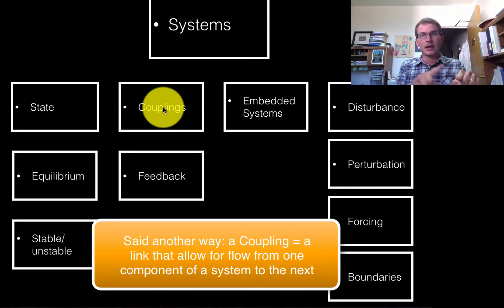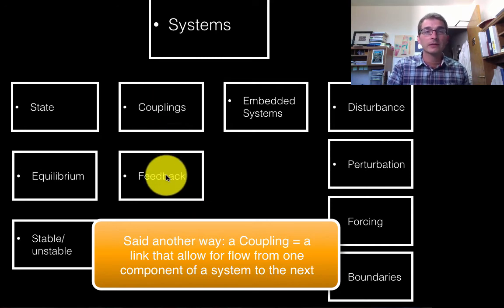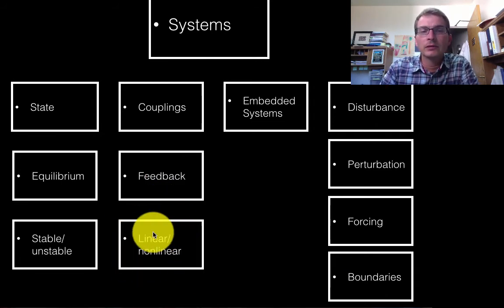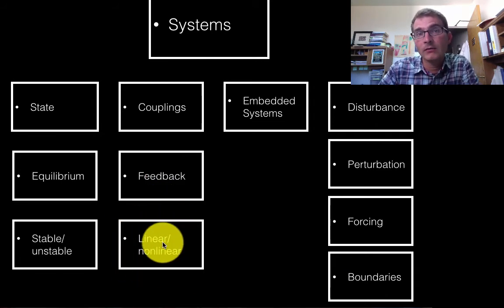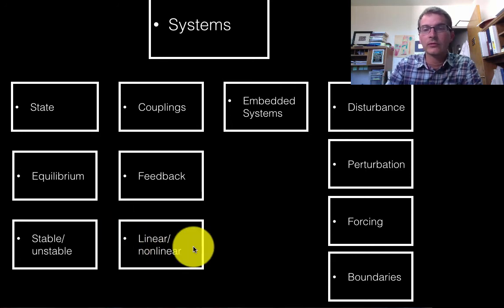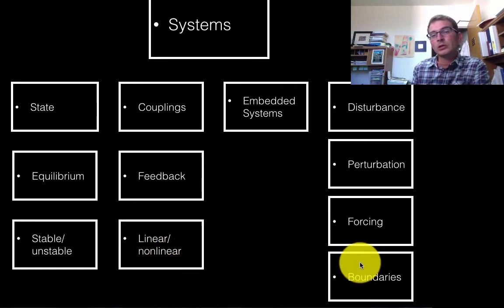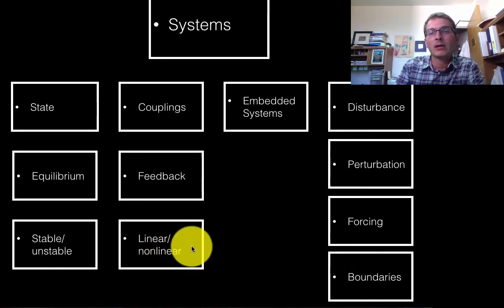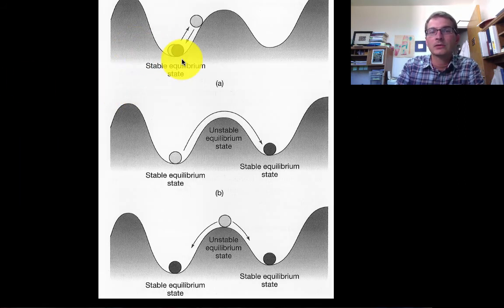Coupled parts of a system have an effect on each other, and those effects can have feedback, right? Positive or negative feedback. And then there's the concept of linear or nonlinear behavior in systems. And this is very important for understanding when you might reach a boundary and how a forcing event might change a system from a stable state to an unstable state.